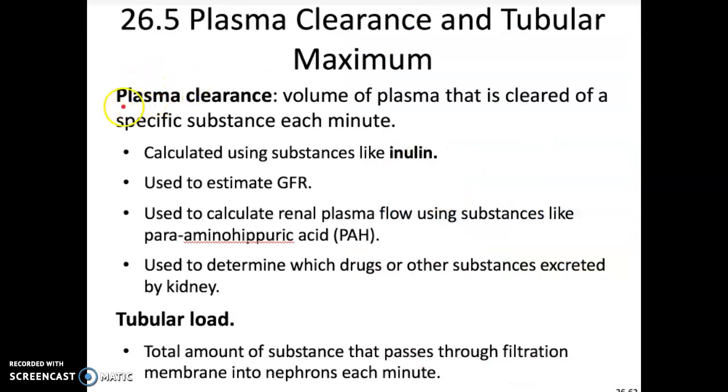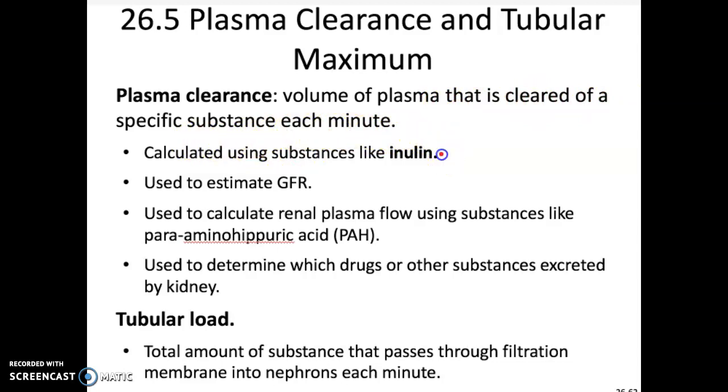Here we have three important concepts specifically for the depuration of any foreign substance, maybe a drug, maybe some foreign chemicals, and that is the plasma clearance, which is the volume of plasma, the amount of plasma that is cleared of a specific substance each minute.